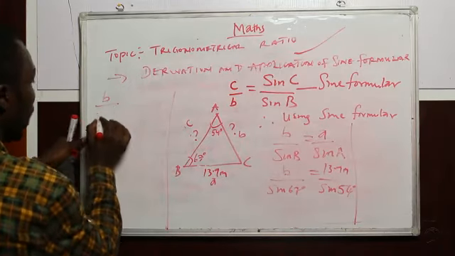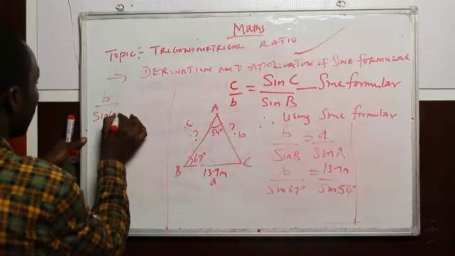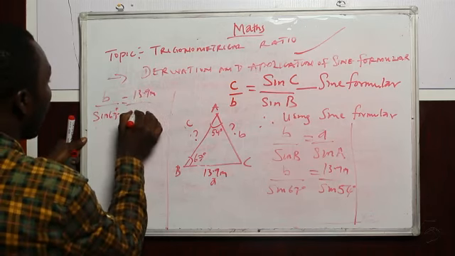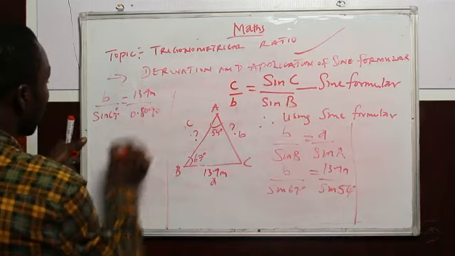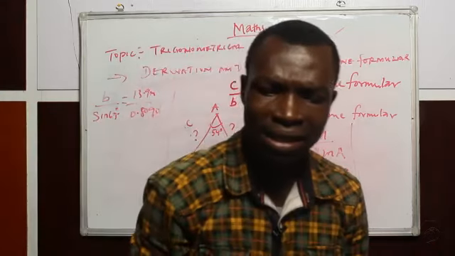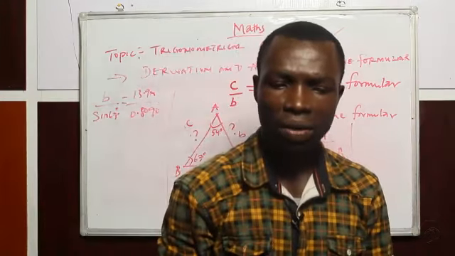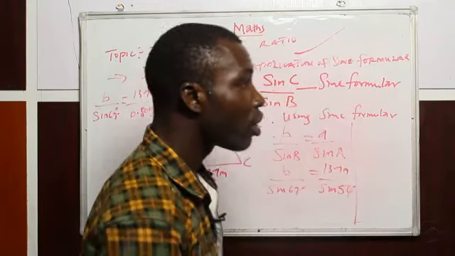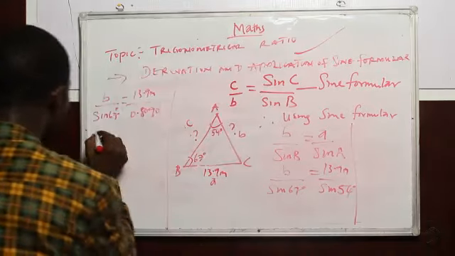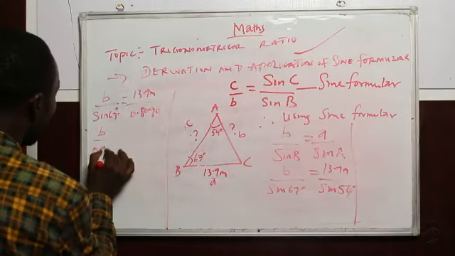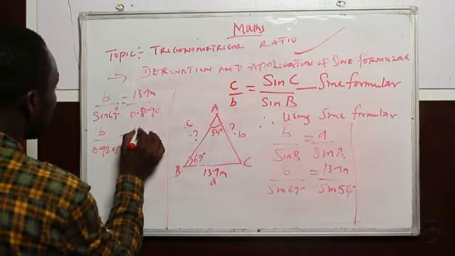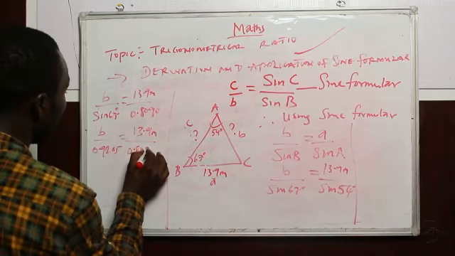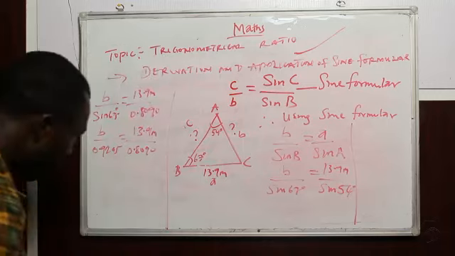Sine 67 degrees supposed to be 0.9205. Therefore, b over 0.9205 is equal to 13.9 meters over 0.8090.